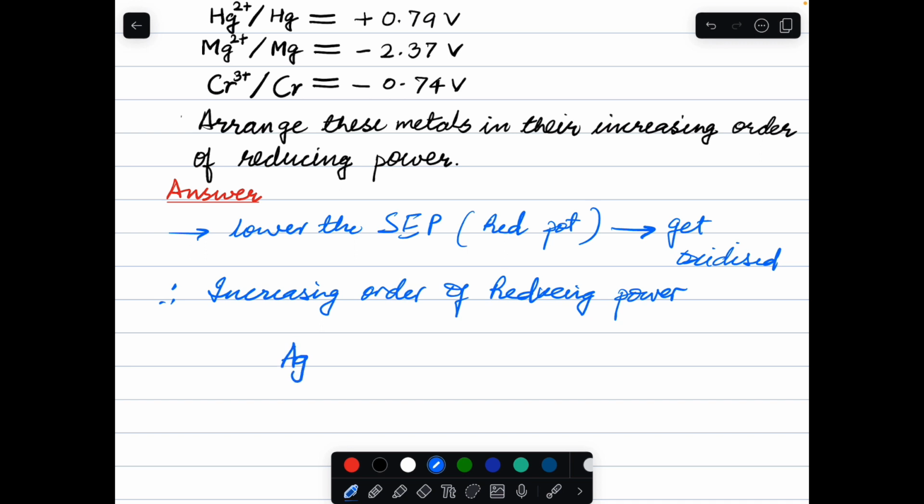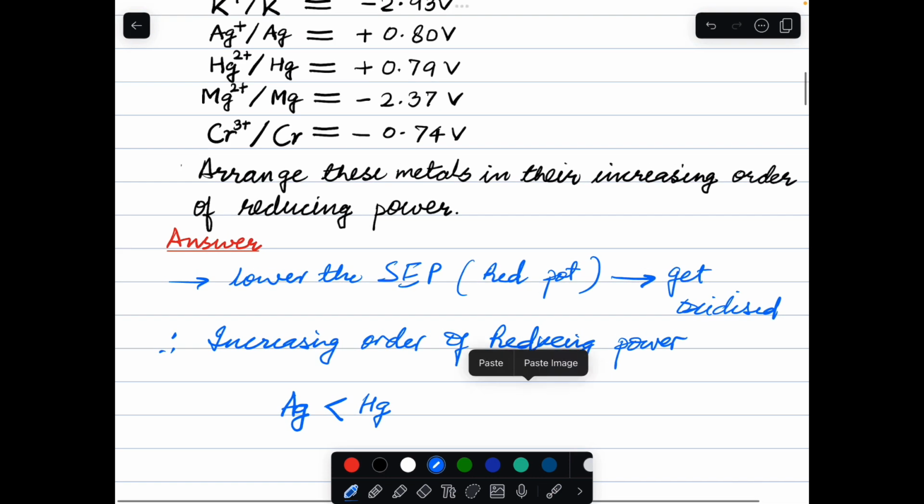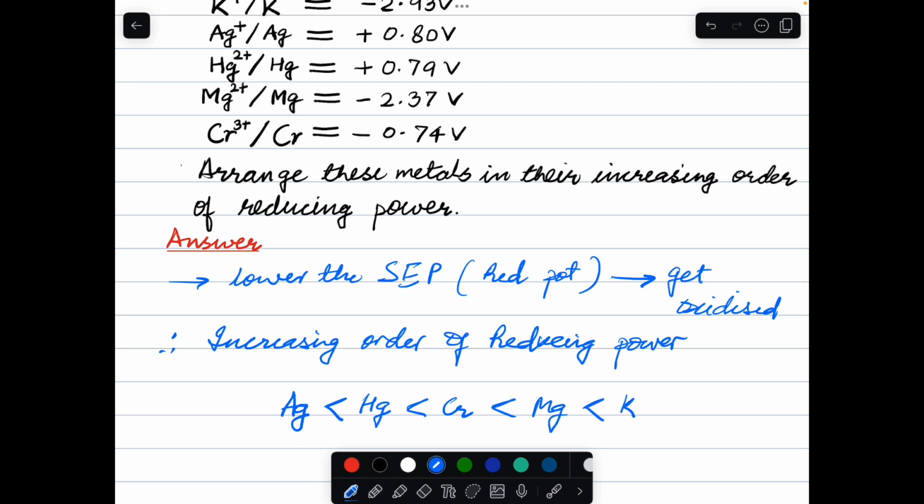After that the next metal is mercury. Then we have the next metal as chromium. Then we have magnesium, and the one with the highest reducing power is potassium. Why are we saying this? So have a look here.